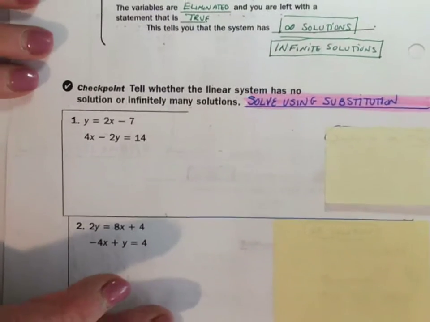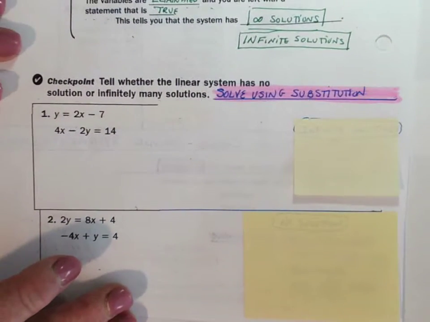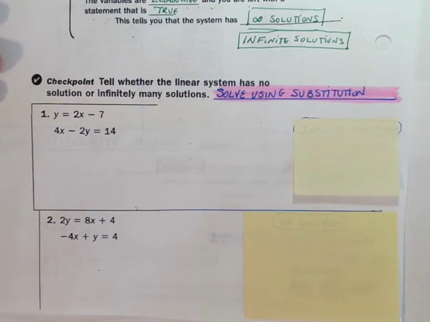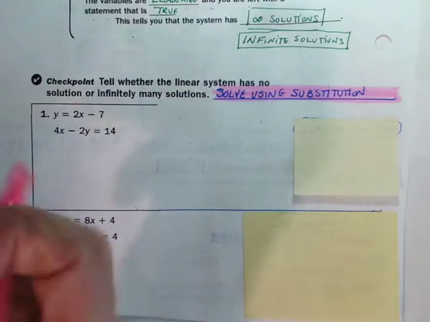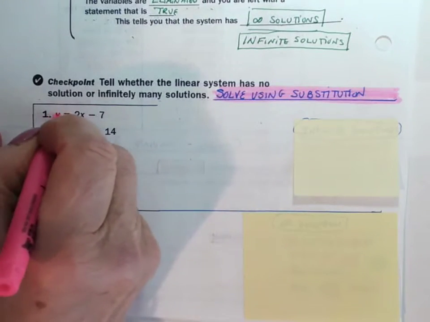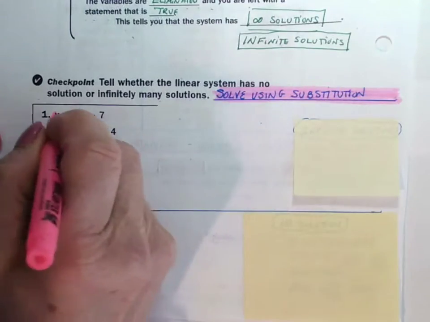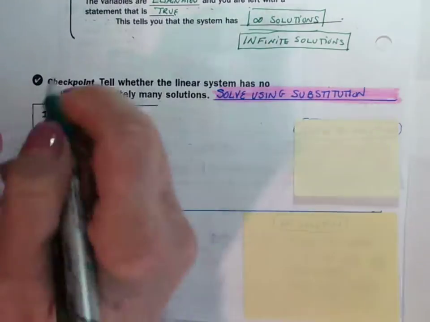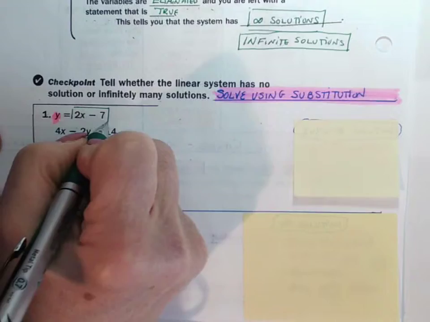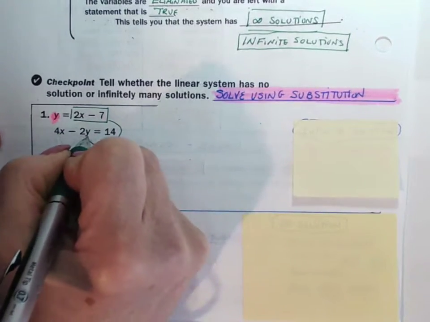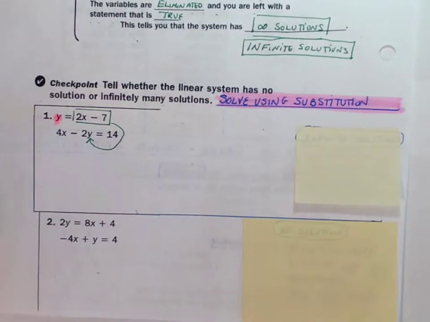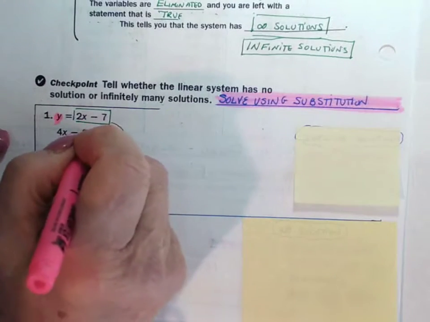Now we have two more problems, and we're going to review the substitution method. And remember, with the substitution method, I have to have one equation isolated. And I'm going to take this and substitute it in for my y.